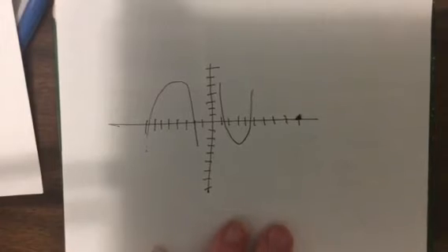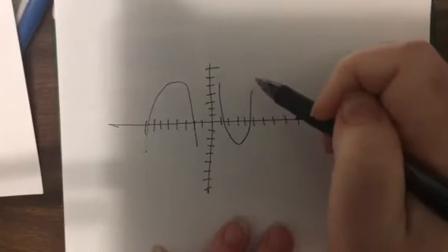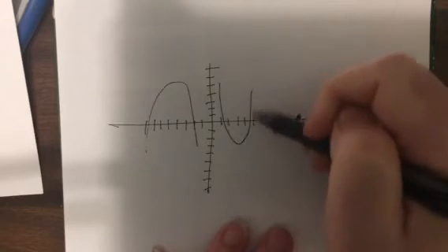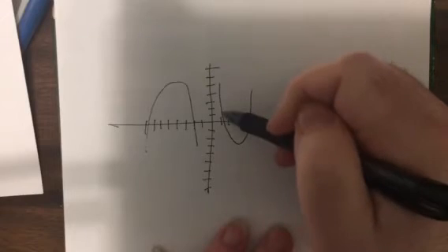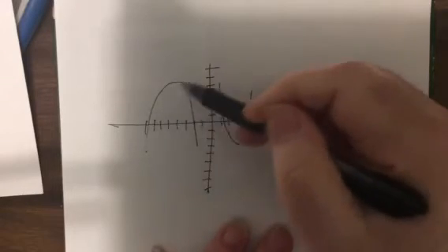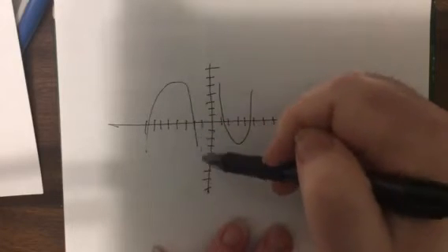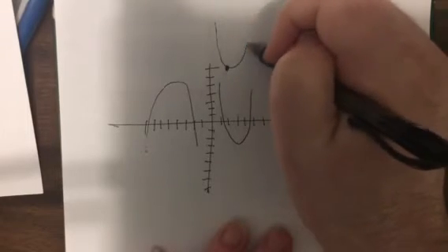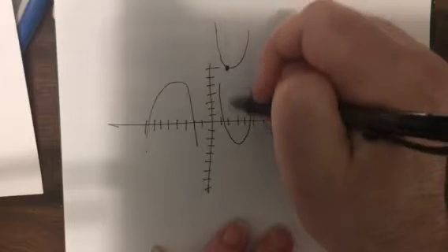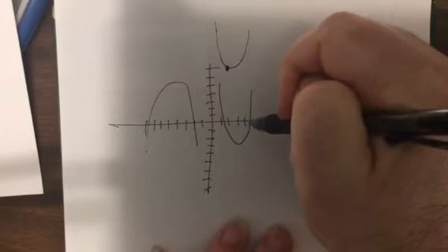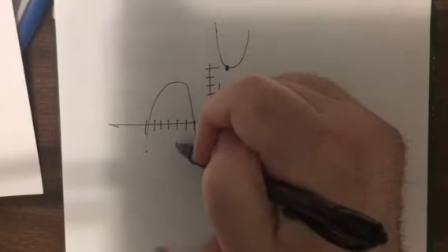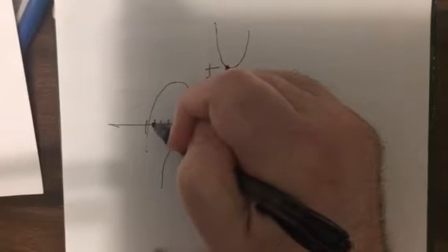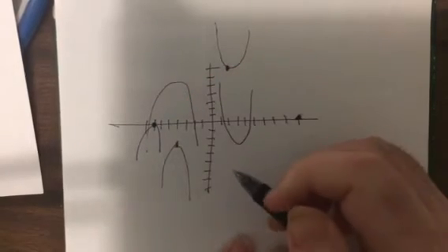Now there's one of three things that can happen. Either it opens below and goes up so it hits the x-axis twice and the y-axis once, or it opens above and goes down and it hits the x-axis twice and the y-axis once, or it could open above and go up so it would still hit the y-axis once, but it wouldn't hit the x-axis at all, or it could open below and go down, or the vertex could be right on the axis so it hits the x-axis once.